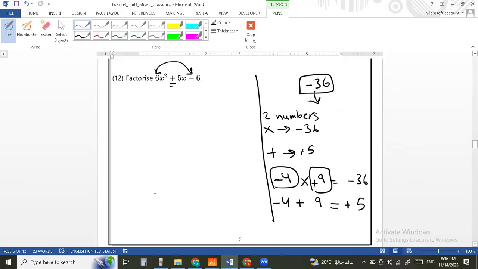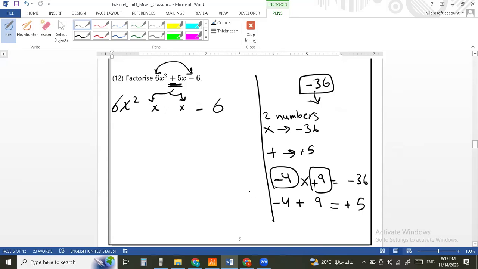Okay, so what are we supposed to do over here? You are supposed to write this the same way, 6x squared, and the negative 6 also the same, but the one in the middle here, you need to break it into two terms. I'm going to have here x, and I'm going to have here also x.